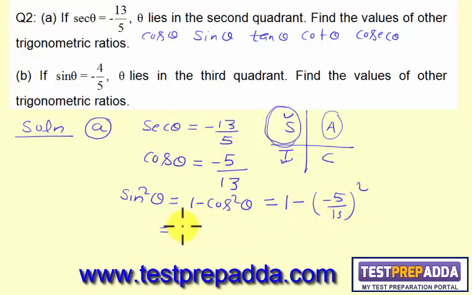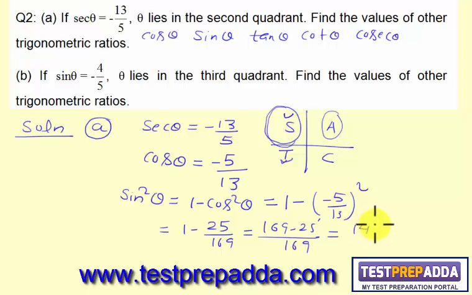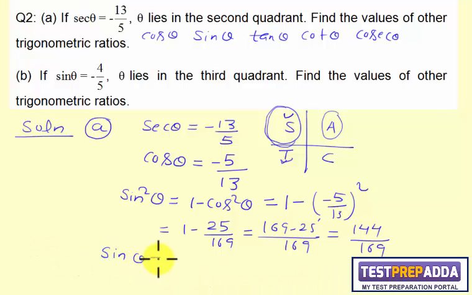This comes 1 minus 25 upon 169, that is 169 minus 25 upon 169, that comes 144 upon 169. So on solving, sine theta comes plus minus 12 by 13.